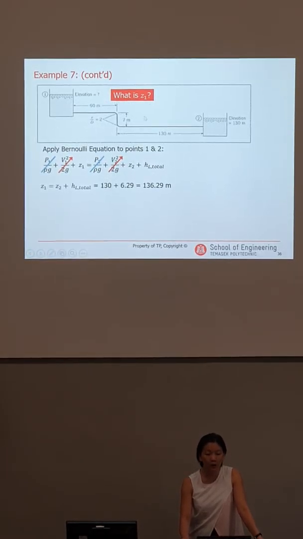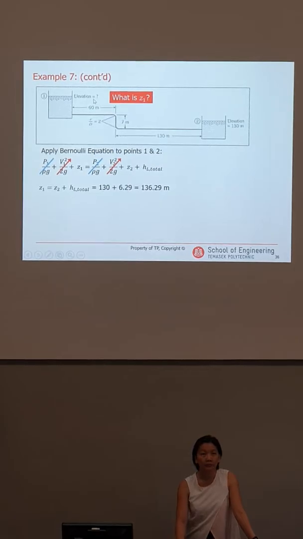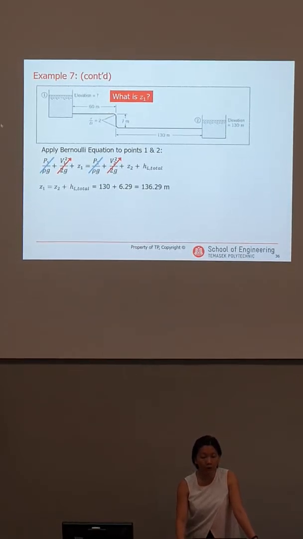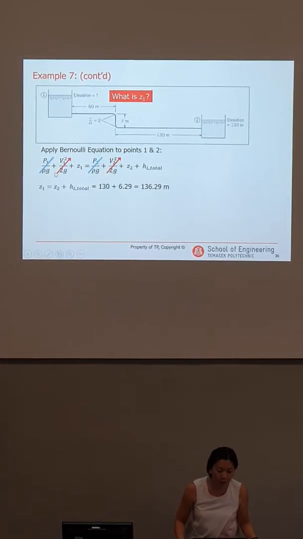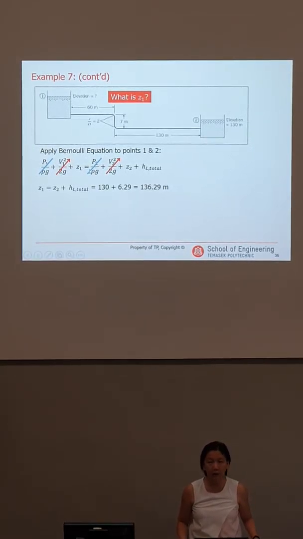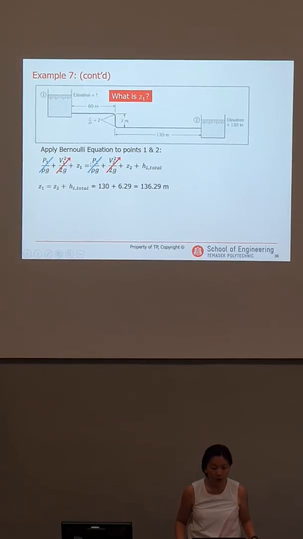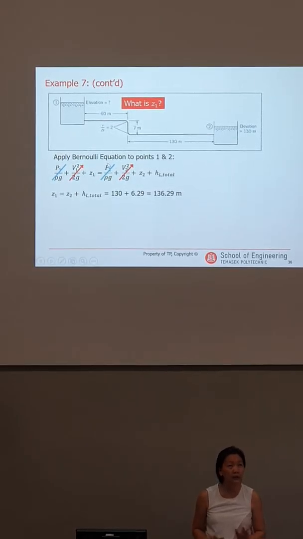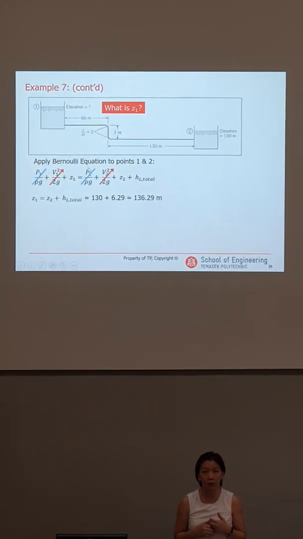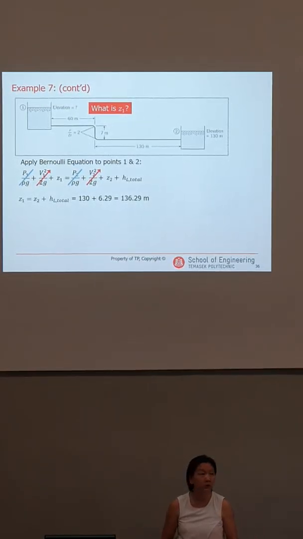And then I continued to ask, what is Z1? So in order for you to find Z1, you will need to apply Bernoulli between points 1 and 2. Then you will realize P1 is the same as P2, which is atmospheric pressure, and V1 equals V2, which is equal to 0. Now you realize that once you understood the concept that I have tried to share with you, you practically can solve all types of Moody questions.